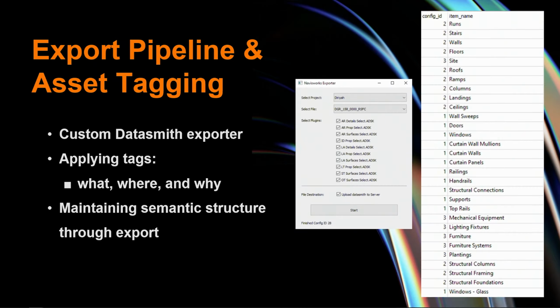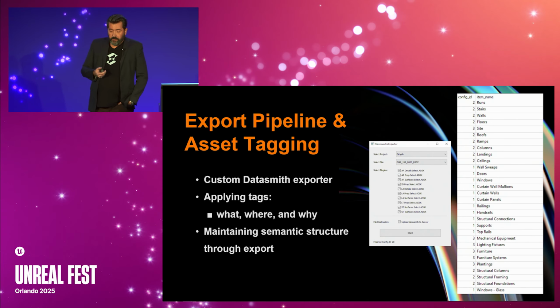So in this export pipeline, we're also tagging everything. We're tagging everything with anything that we think might be useful, whether it's Revit categories, materials, levels, asset IDs, et cetera. And we're doing this in our exporter because generally both Revit and Navis are pretty slow to process this sort of information, and we split it off on the import side because Unreal could just handle it faster.